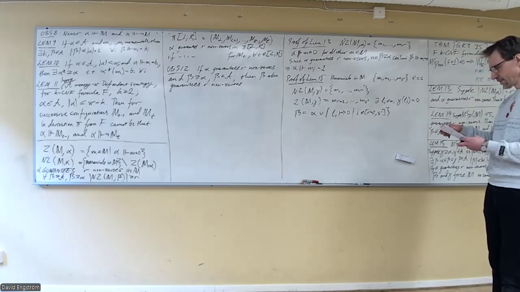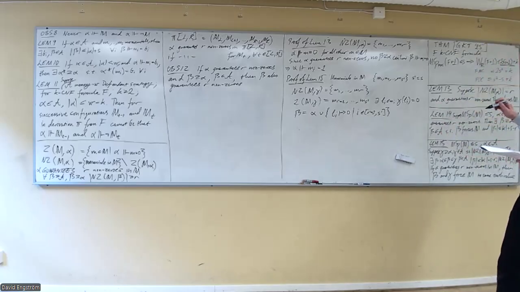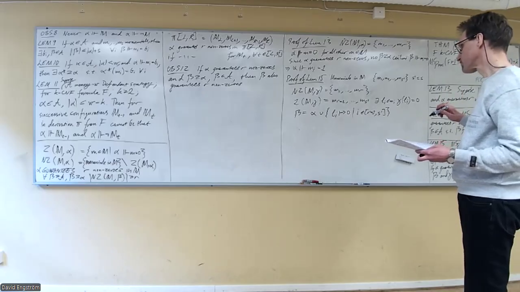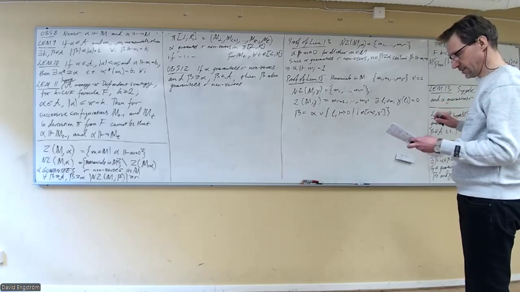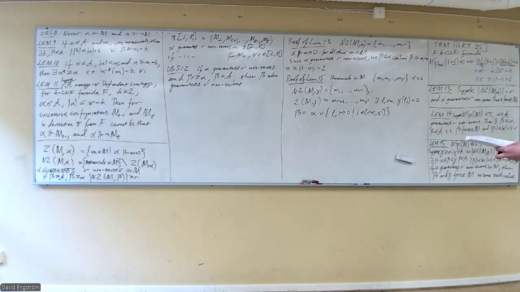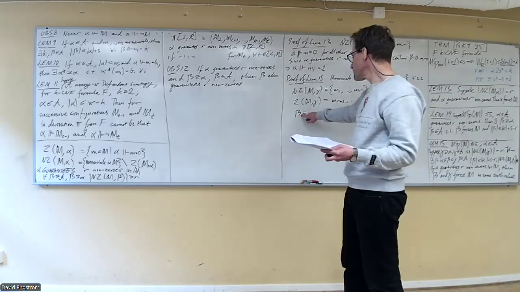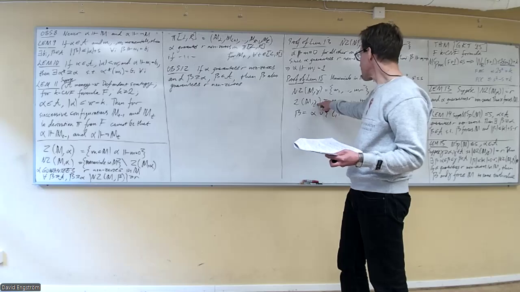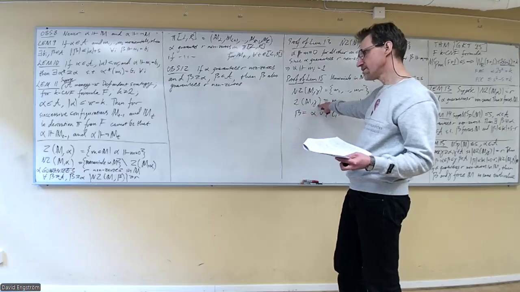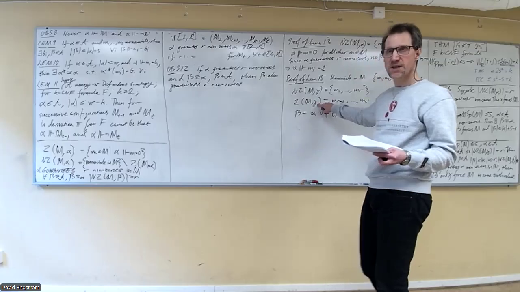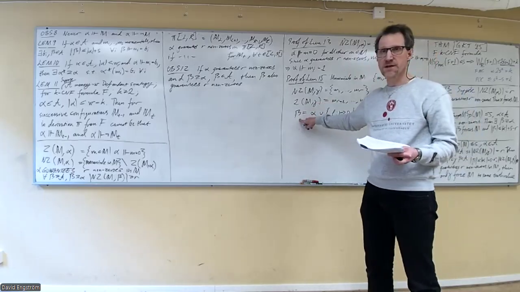And again, recall that by definition, if beta is a sub-assignment of gamma, then the non-zeros of gamma must be a subset of the non-zeros of beta.